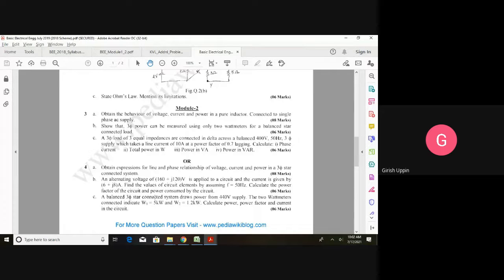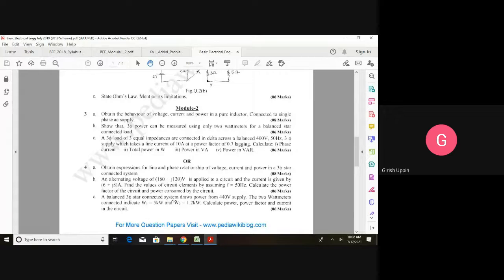Cos phi is equal to R divided by Z. The impedance you will get in the form X plus jY, where X is the resistance and Y is the X component, either XC or XL. So cos phi is equal to R divided by Z, and Z is the square root of R square plus X square. So simple, 6 marks.